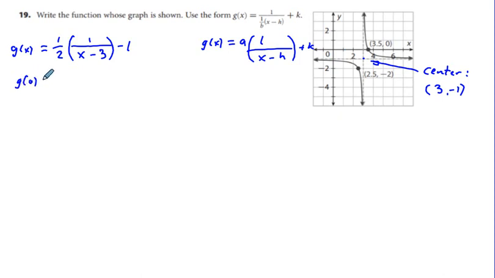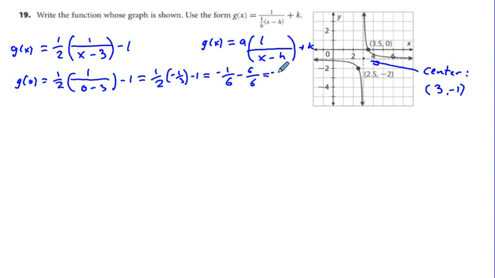G of 0 is equal to 1/2 of 1 over 0 minus 3, minus 1, which is going to be 1/2 of -1/3, minus 1, so that's going to be -1/6 minus 1, which is 6/6.